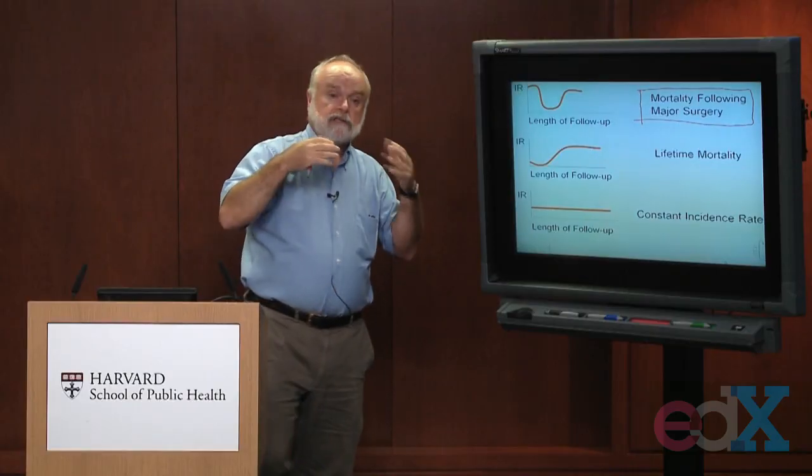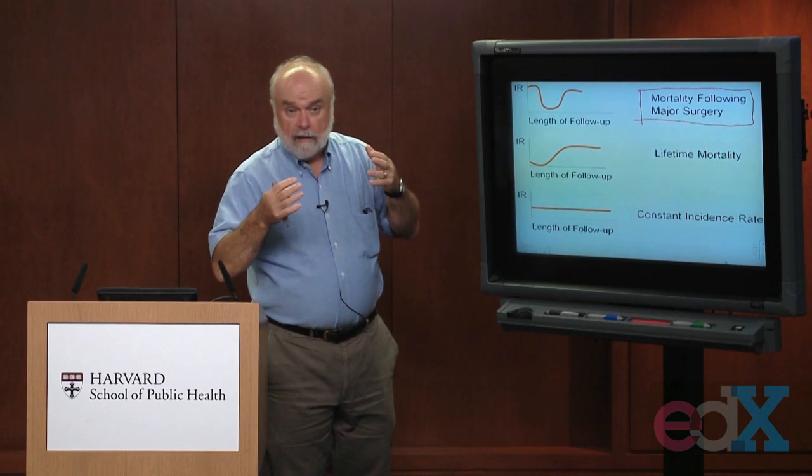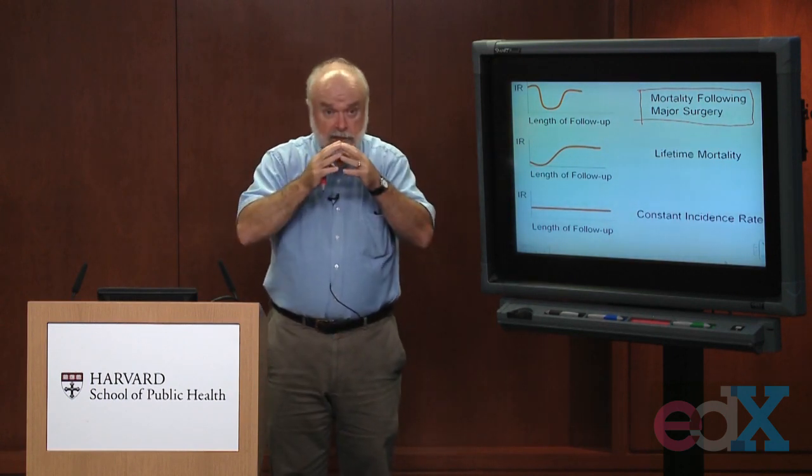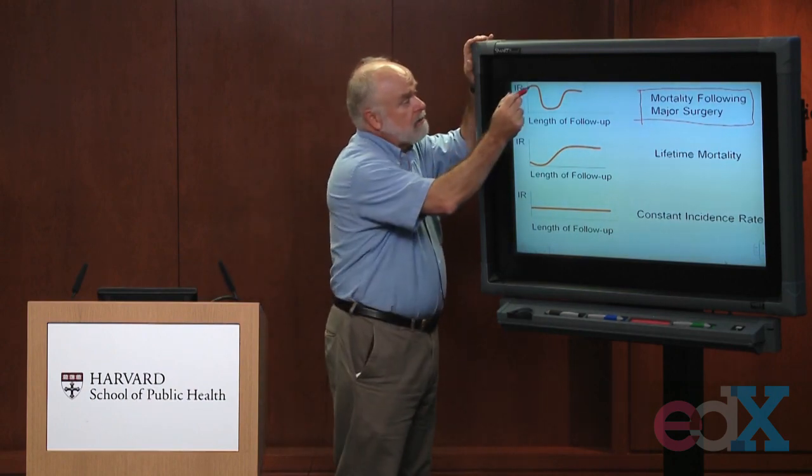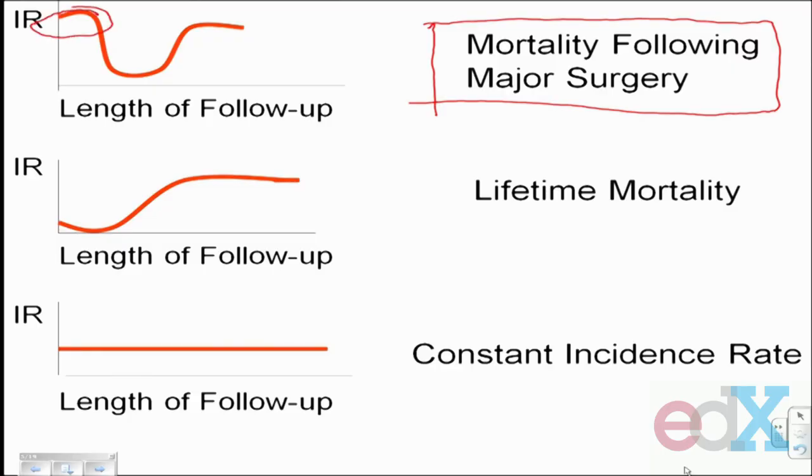And it's given to people who need this operation. It's the only chance they might have for improving their life and maybe extending the years of life. So imagine in your minds what the incidence rate function would look like for a person undergoing this major type of surgery. Because they're very sick, and that's the reason they're having the surgery, and because the surgery itself has some risk involved with it, early on during the study, there may be a period where the incidence rate's very high.